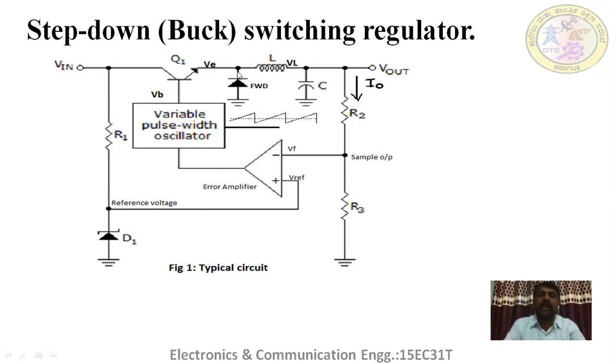Okay, and this has an inductor. This inductor is used to hold some energy, and that energy is used in the future circuit operation. This is the filter capacitor to remove any ripples in the output voltage.